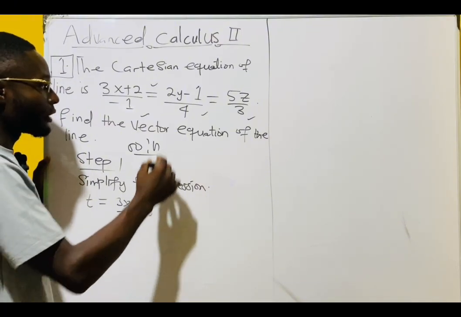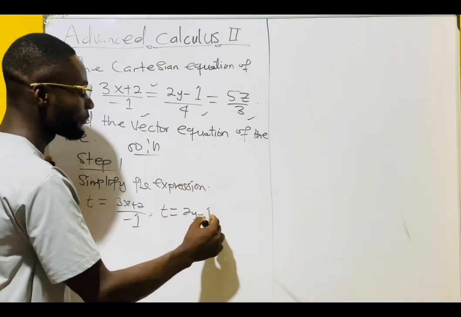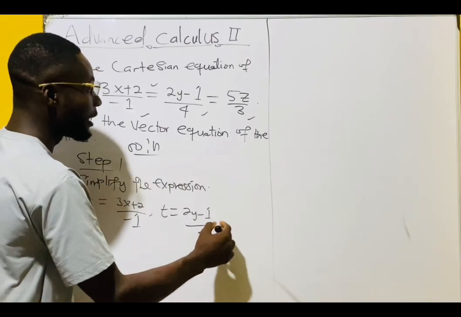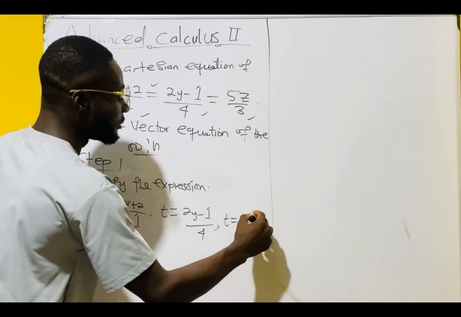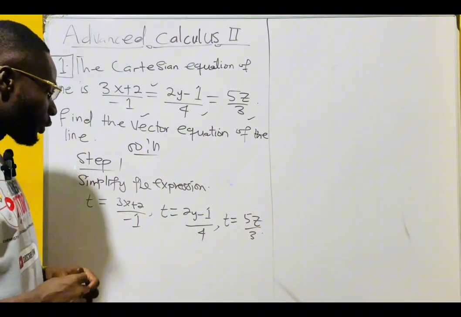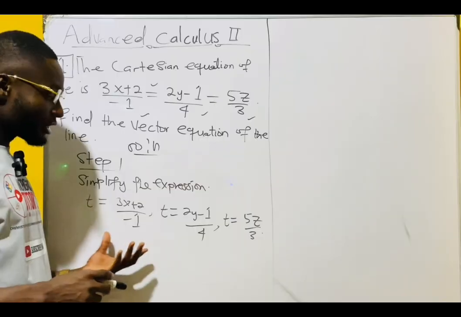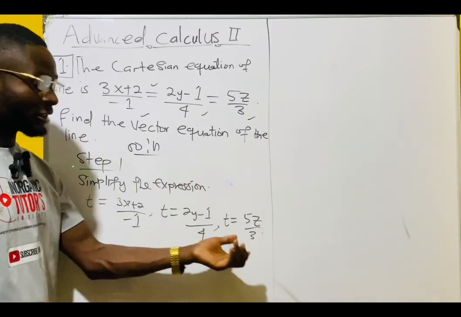And the second component, t equals 2y minus 1 all over 4. And the third component, also t equals 5z all over 3. Right? So if this is the case, you see they all have the same common ratio, t.